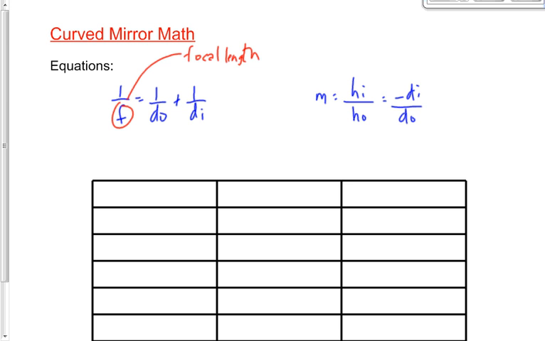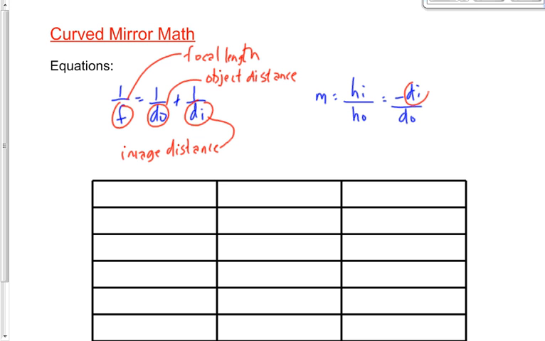Simple as that. dO is my object distance. It's the distance from the mirror to the object. And dI is my image distance. It's the distance from the image to the surface of the mirror. Easy enough, right?